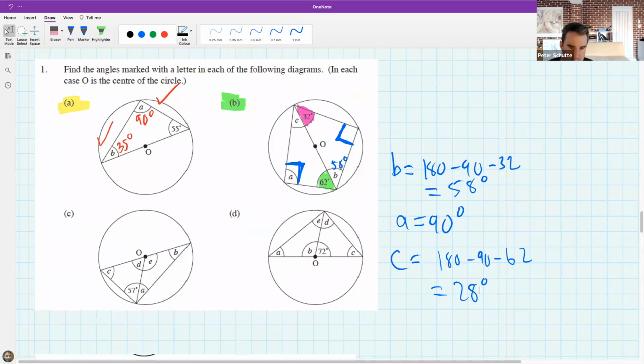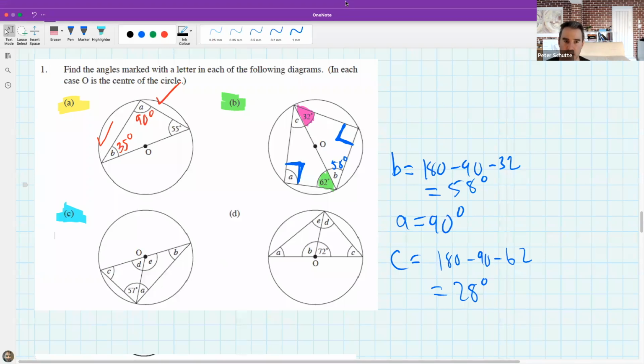That looks good to me. Any questions or comments? Then I want everyone to try and do C. See if you can find A, B, D, E, a whole bunch of them in C.